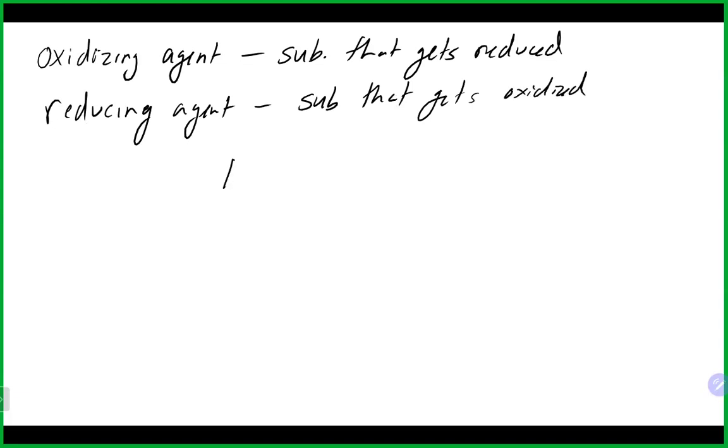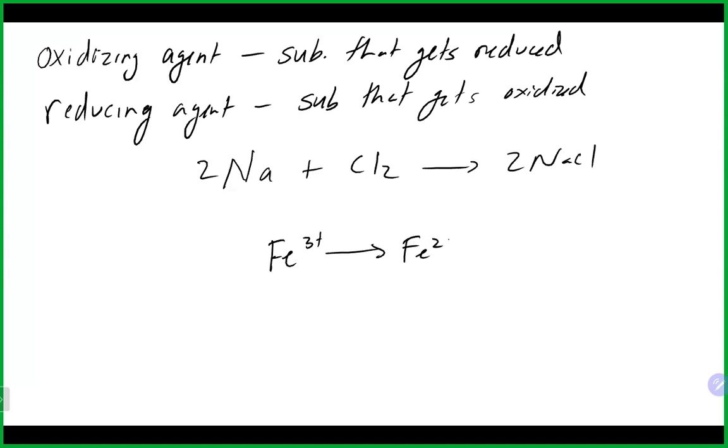So if we look at our couple of examples that we just looked at, this guy and this guy makes this, and then we looked at this here. Before we saw that this was going through oxidation, this is going through reduction, and we saw this guy is also going through reduction.